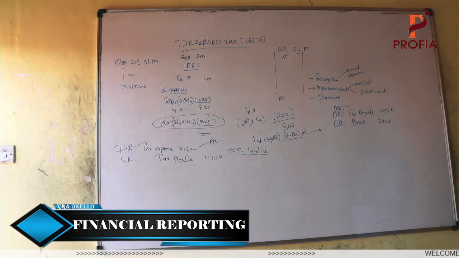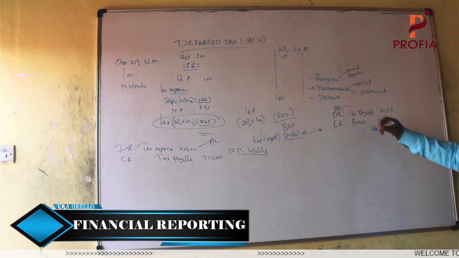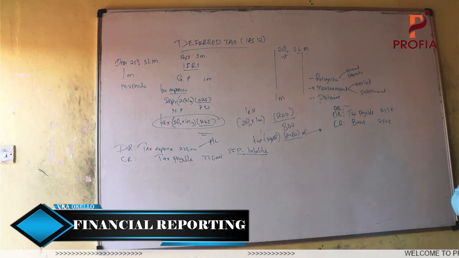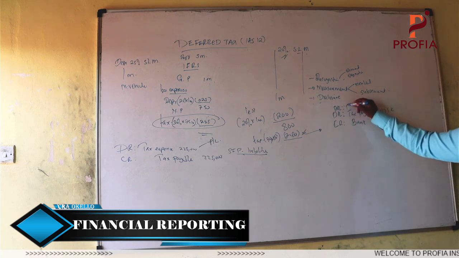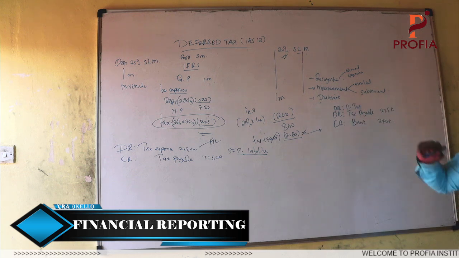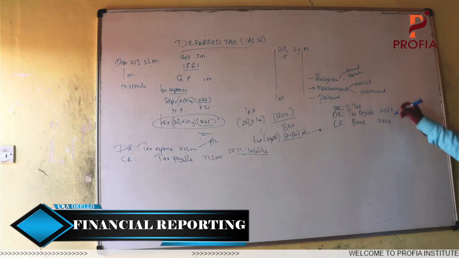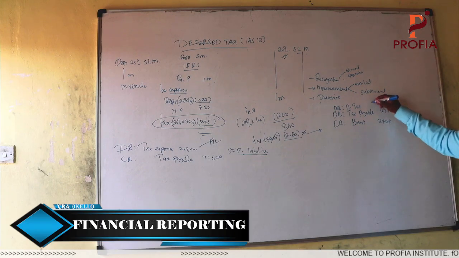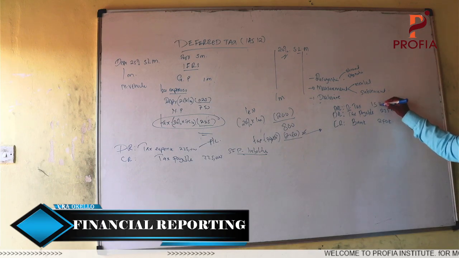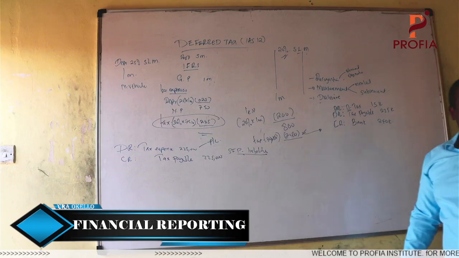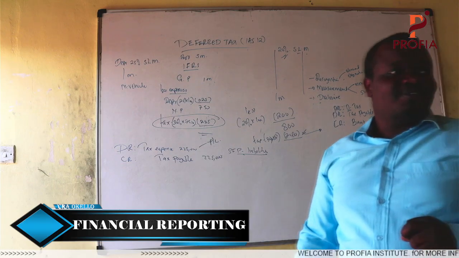You realize now the difference will be a debit. The difference is what we call deferred tax, an amount of, is it 15? 15,000. Now, why do we call it an asset?